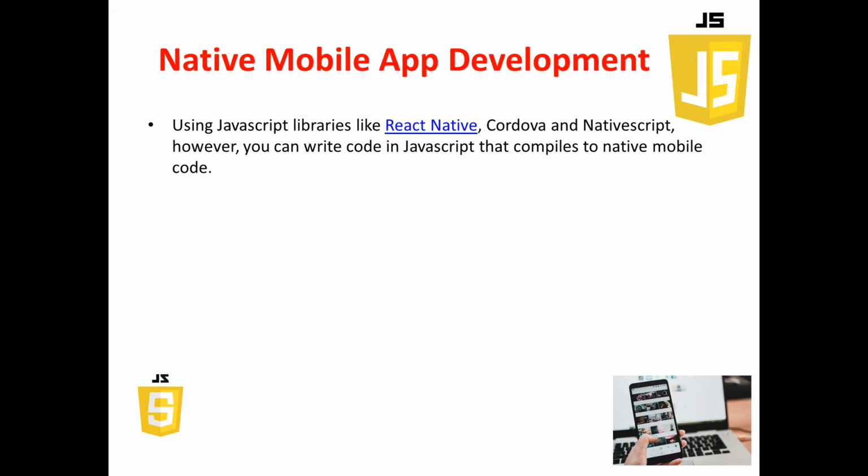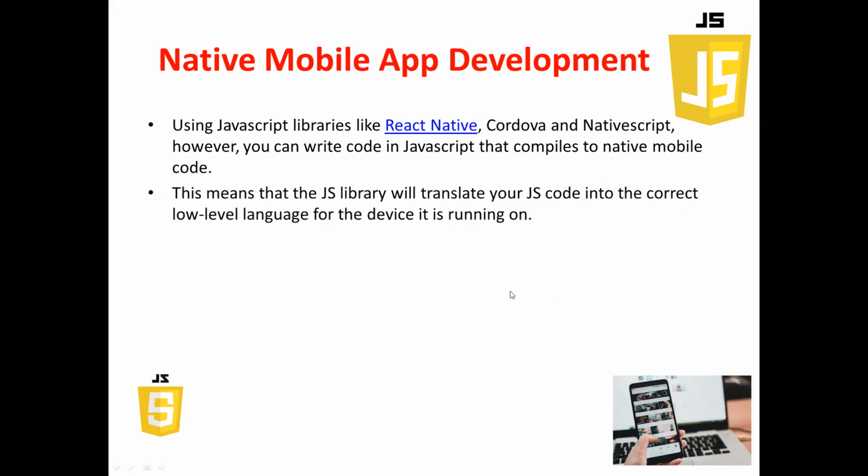Cordova and NativeScript, we will not learn in this course. However, you can write code in JavaScript that compiles to native mobile code. This means that the JavaScript library will translate your JavaScript code into the correct low level programming language for the device it is running on.